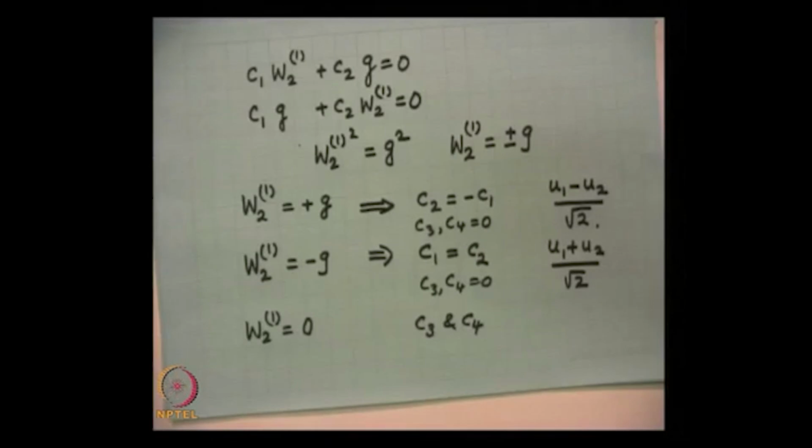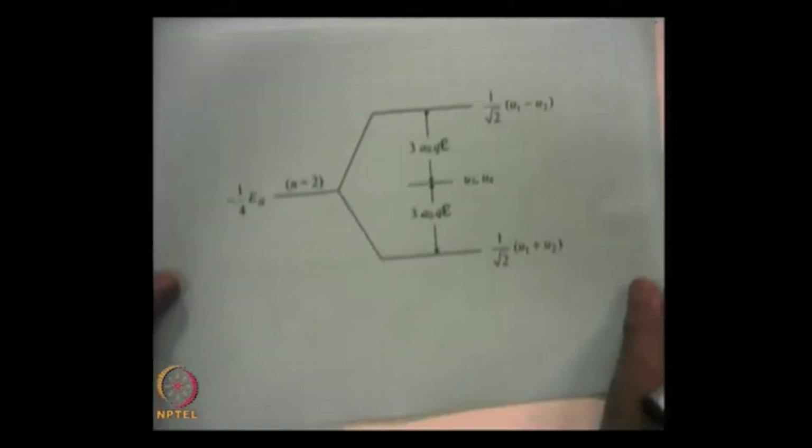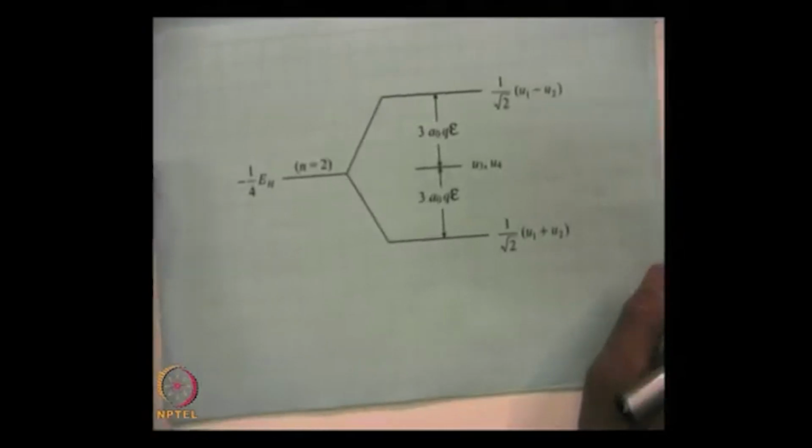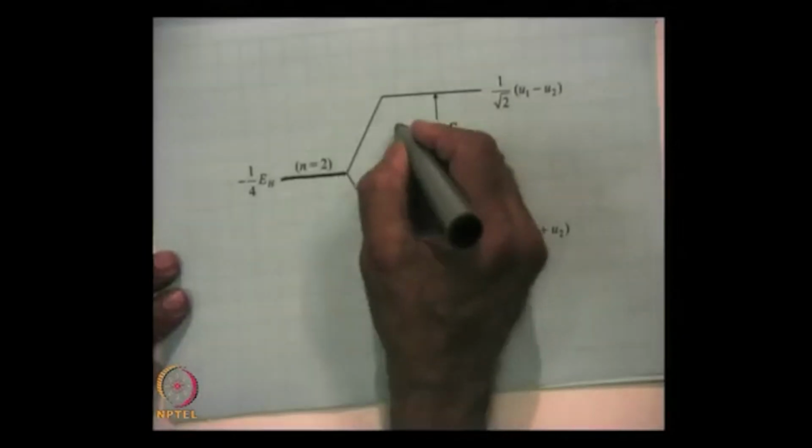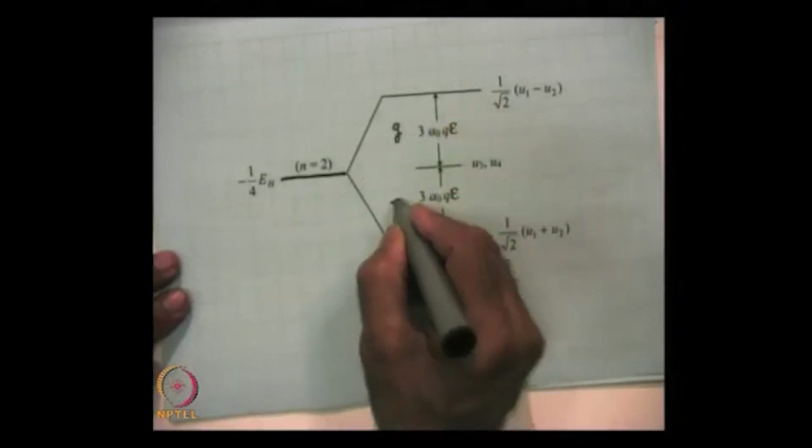So, therefore, we obtain the following: this is the n equal to 2 state, this is plus G and this is minus G.